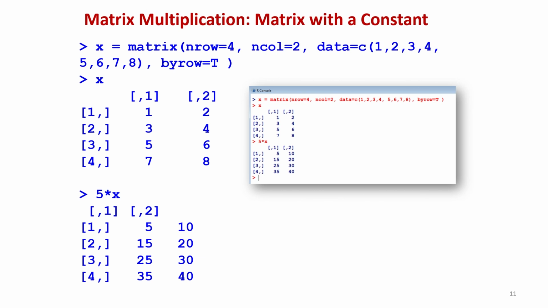So if I multiply by 5, 5 is multiplied at each place, and this is the outcome. So matrix multiplication by a scalar is simple and straightforward, and the operator is only the star, the usual multiplication sign, right?